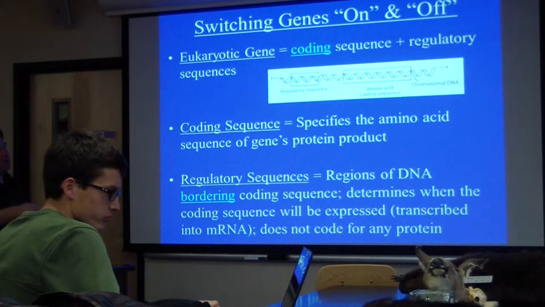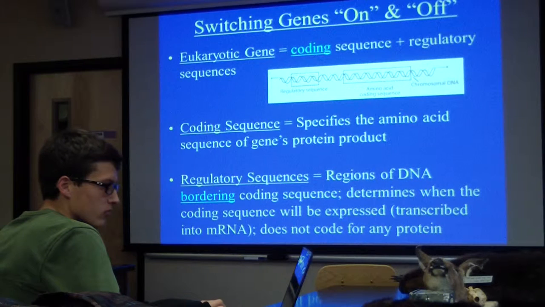It's in this part of the gene that the amino acid coding sequence is found, but in front of that is a regulatory sequence. It's going to border the coding sequence, pretty close to it, and that regulatory sequence is part of what determines when the coding sequence will be expressed, or when that coding sequence will be transcribed into a messenger RNA.